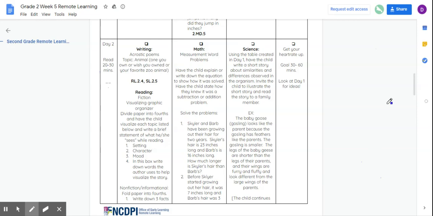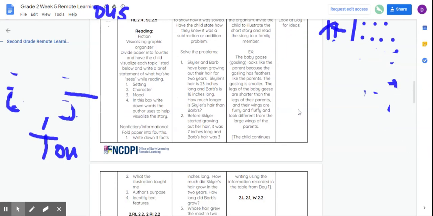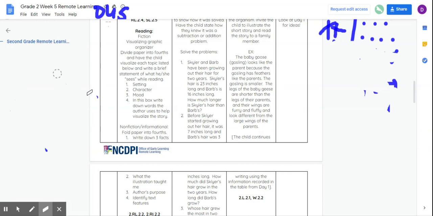So before Skylar started growing out her hair, it was 7 inches long, and Barb's hair was 3 inches long. How much did Skylar's hair grow in the 2 years? How long did Barb's hair grow?